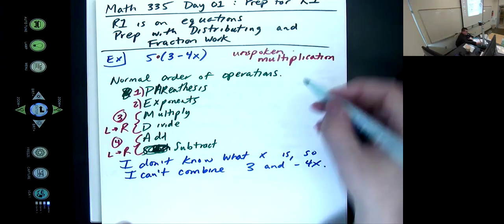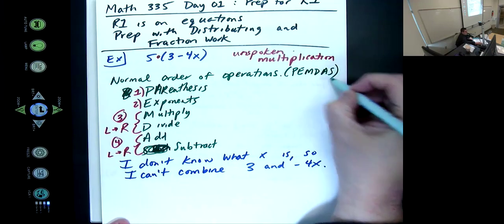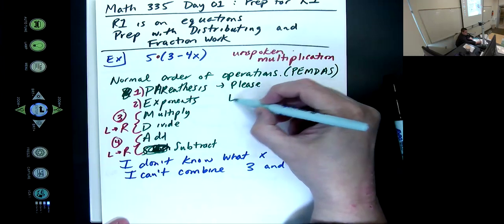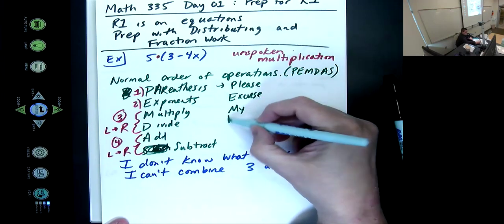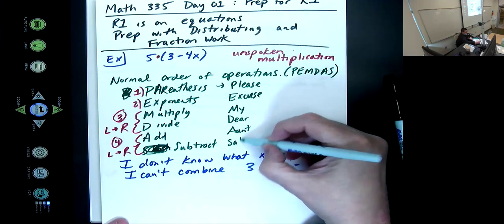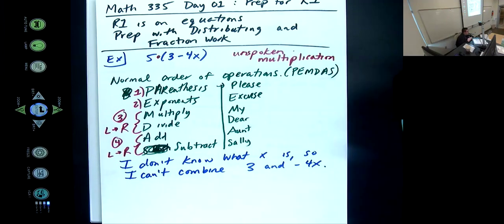This order of operations thing, you might have learned some little memory trick to go with it: Please Excuse My Dear Aunt Sally. But I don't have a dear Aunt Sally.